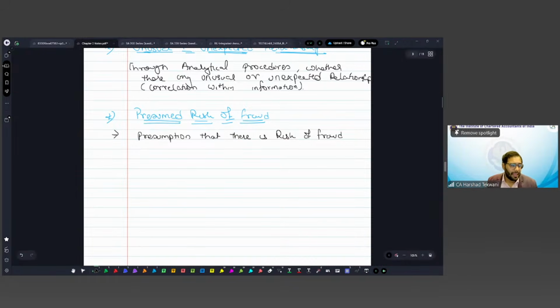Now, the first area and the very critical area is revenue. Revenue recognition, yeah, mainly the cash handling.